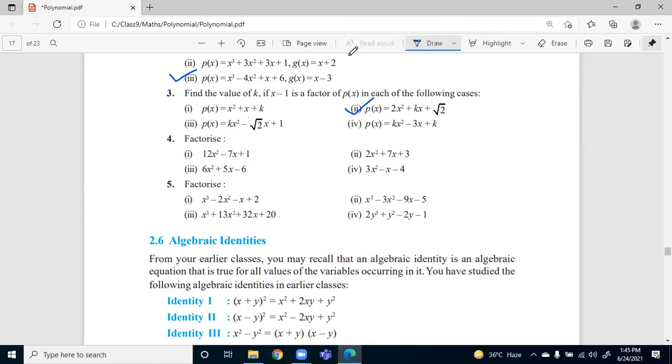Yeah, substitute x as 1. Ma'am, is the answer k plus 2 root 2?